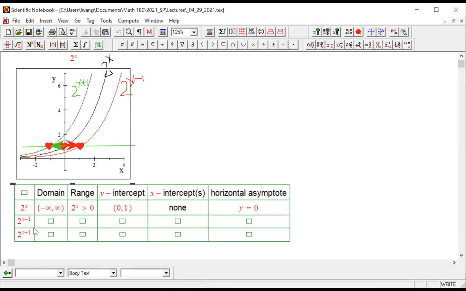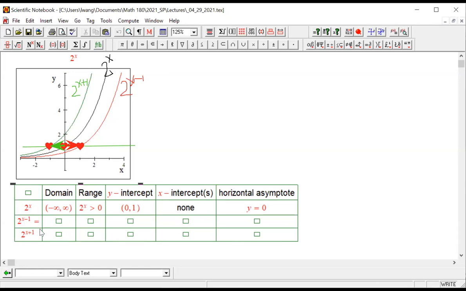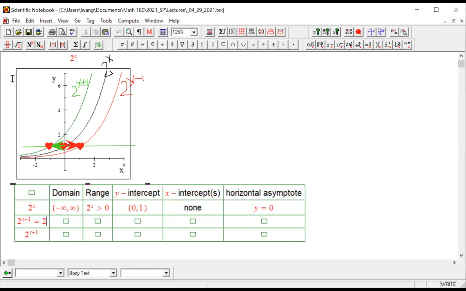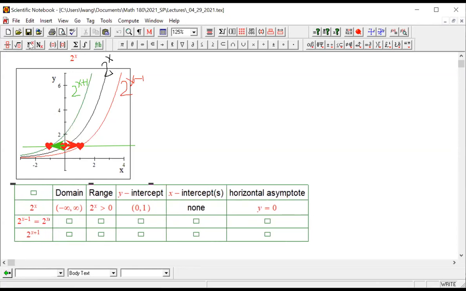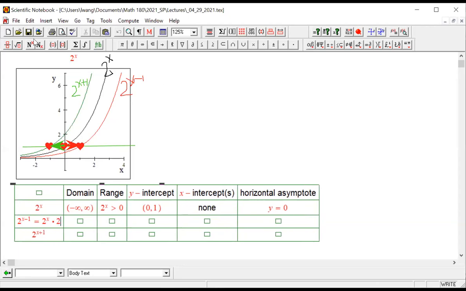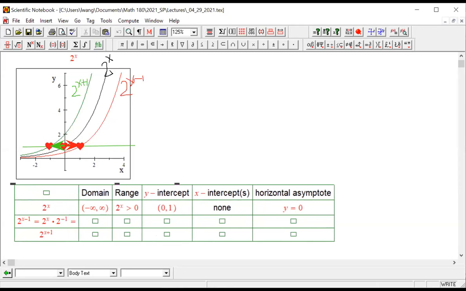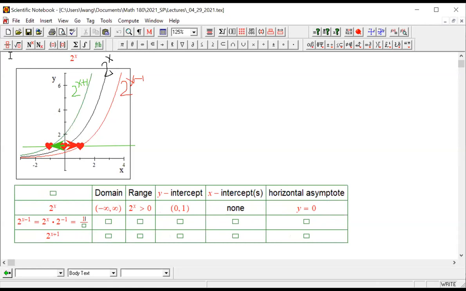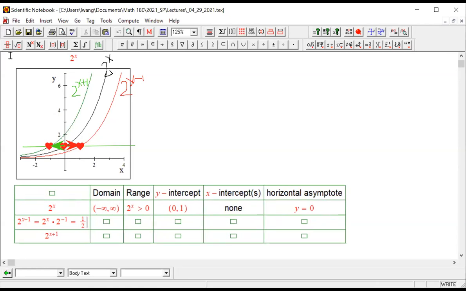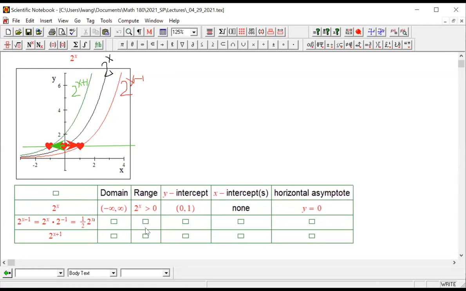This one is actually equal to 2 to the power x multiplied by 2 to the power negative 1. So in effect, it's actually half of 2 to the power x. What do you think of that?